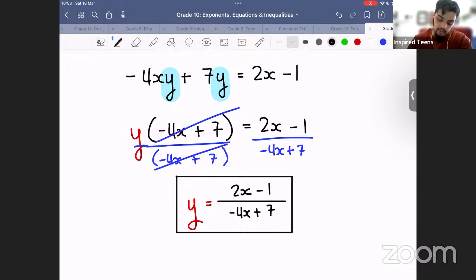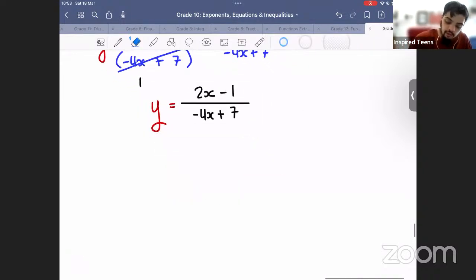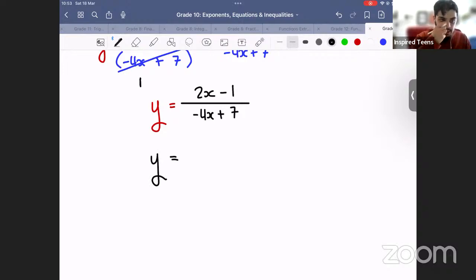Provided that there are no calculation errors, that should be correct. Someone's asking, if you'd like to have your negative in front of your bracket, can you take the minus sign as an HCF? Sure you could.